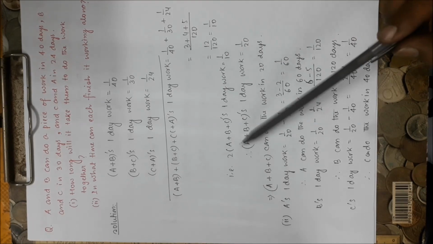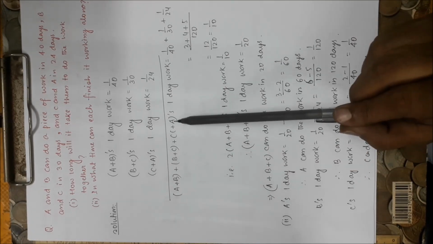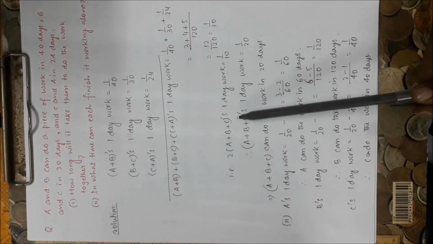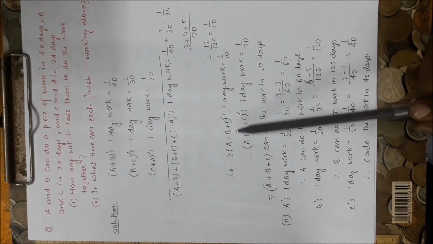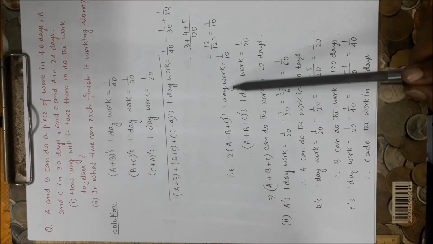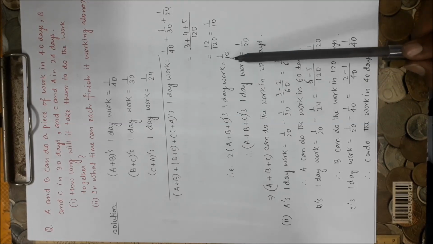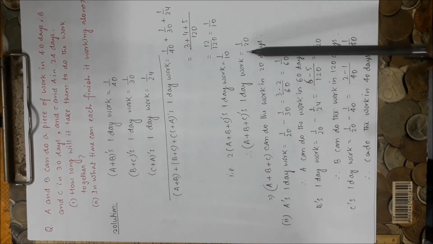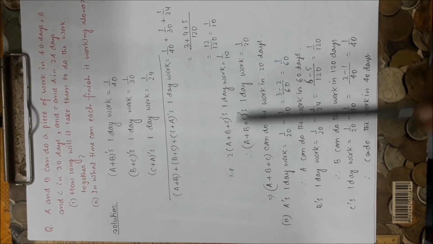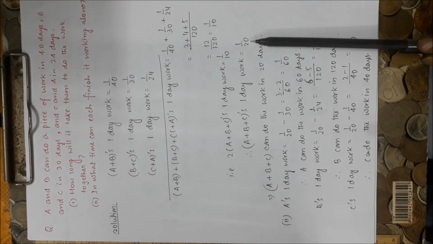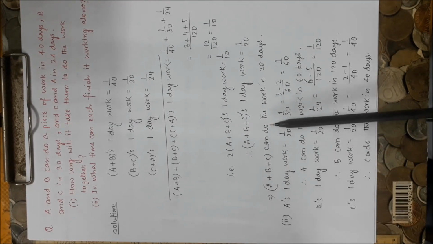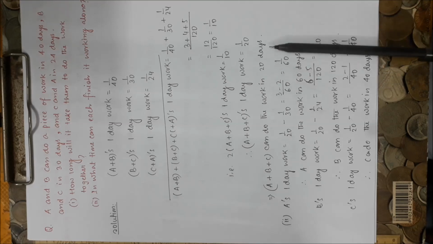That means 2A plus 2B plus 2C, that means 2 into A plus B plus C's 1 day work equals 1 by 10. That means 1 day work of A plus B plus C equals 1 by 10 multiplied by 1 by 2, which equals 1 by 20. That means A, B and C together can do the work in 20 days.